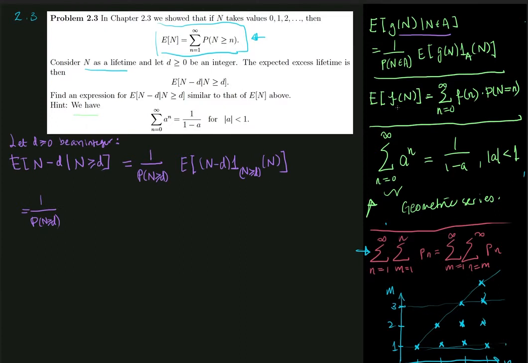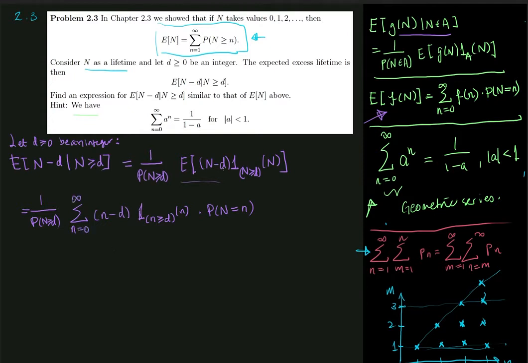And then we use the definition of expected value for an expression of n. That tells us that this expected value evaluates to the sum of n minus d multiplied by the indicator that n is greater than or equal to d, multiplied by the probability that big N has value little n, for n going from 0 up to infinity.